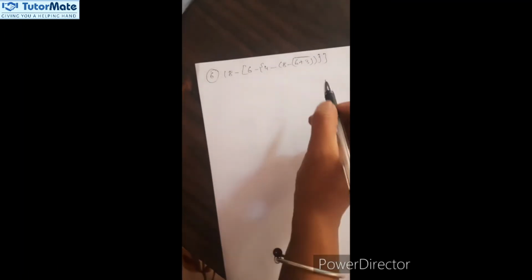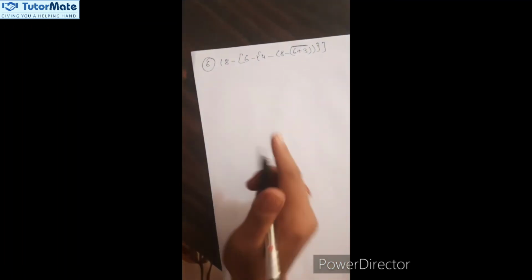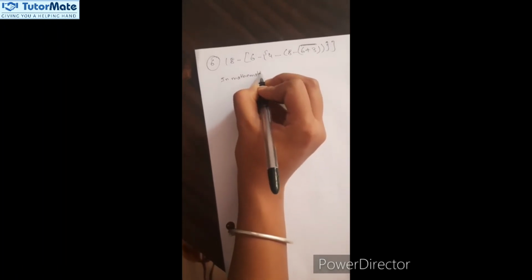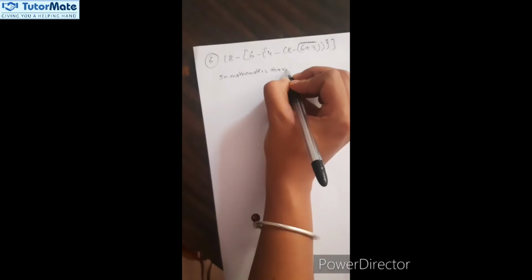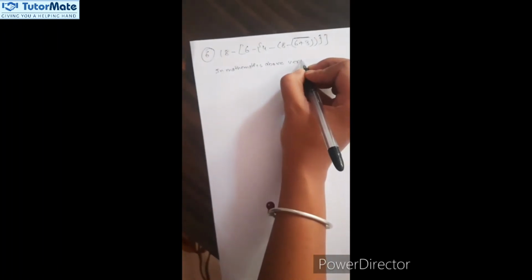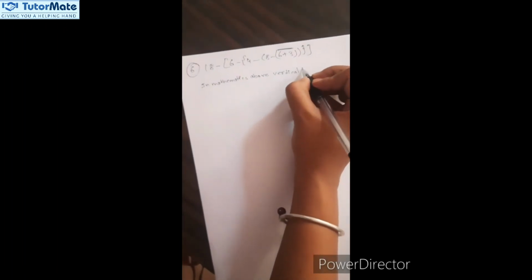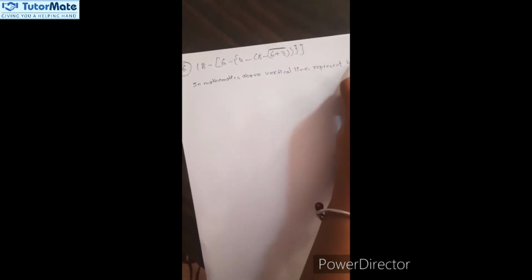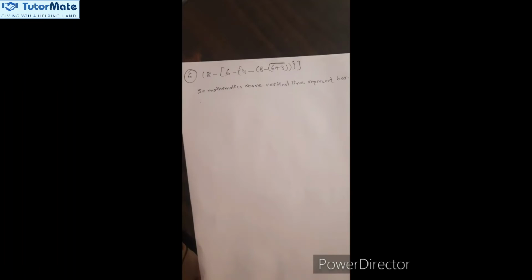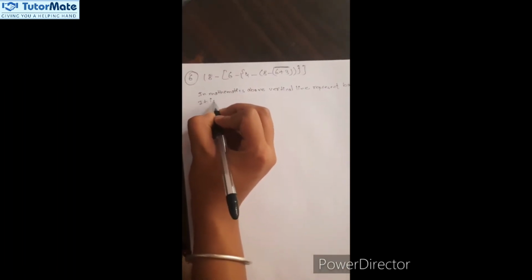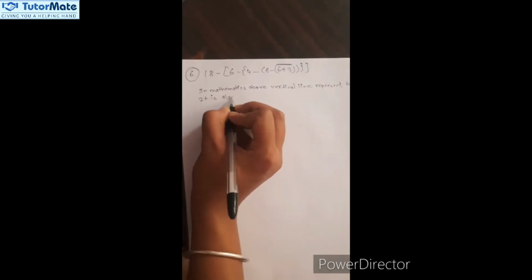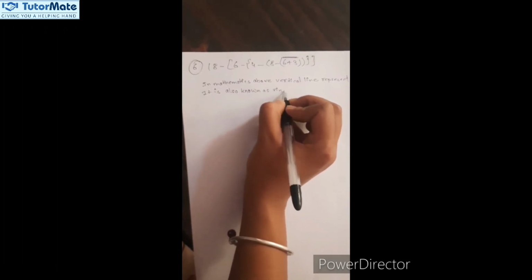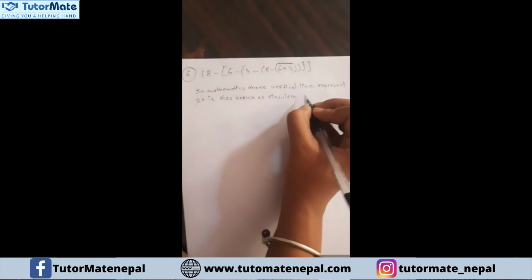In question number 6, what does this bar mean? In mathematics, a horizontal line above is known as a bar, also known as a vinculum.